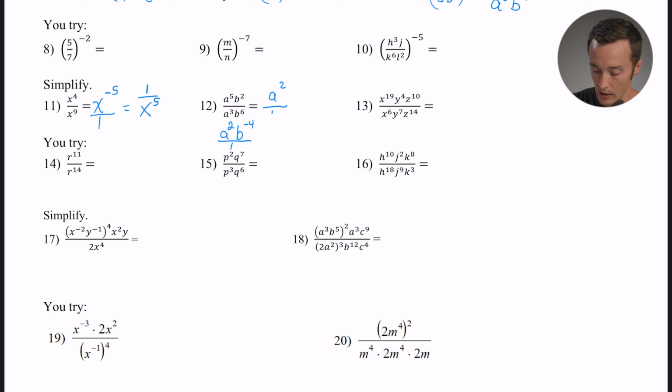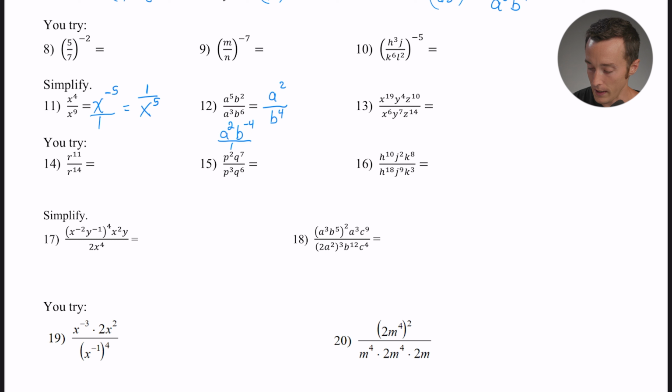So instead of being in the top, now he's in the bottom, but his exponent is positive. So I did 2 things in that step. I took the b term from the numerator to the denominator, and I also simultaneously changed his sign, because that's what the rule tells us to do: use the reciprocal, or change its place in the fraction, and then make the exponent positive.